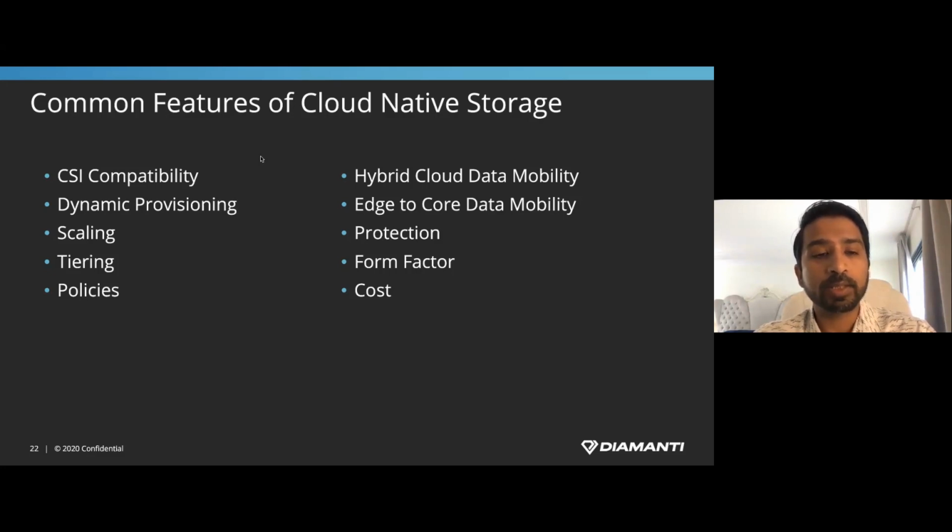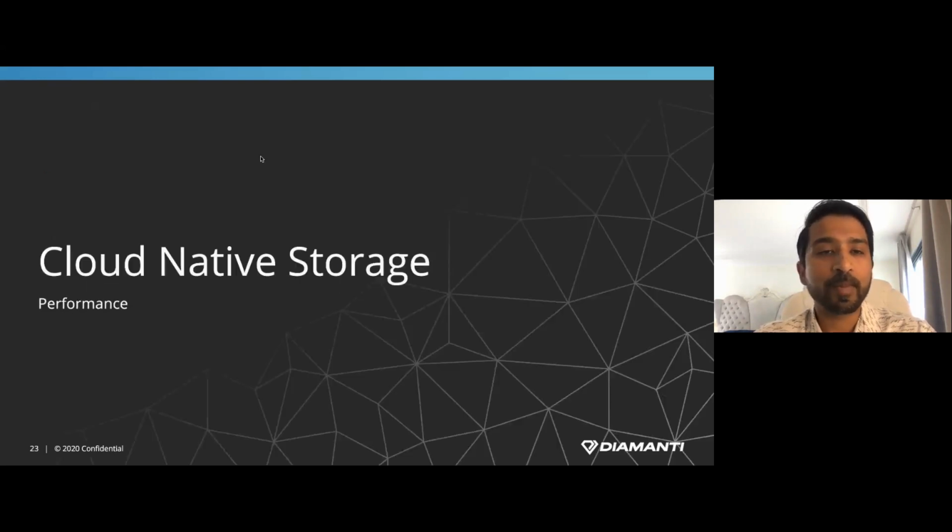One application cannot impact the performance of another application. So that tiering is important. Who's getting the faster performance, who's getting the slower performance. You should be able to set automatic policies. And then you also need to take care of hybrid cloud data mobility, or maybe edge to core data mobility, data protection, and the form factor. Cost is also important, where it fits, how it fits, right?